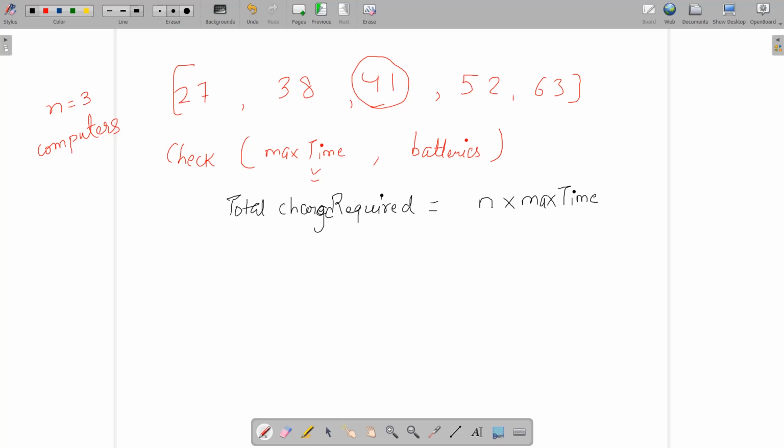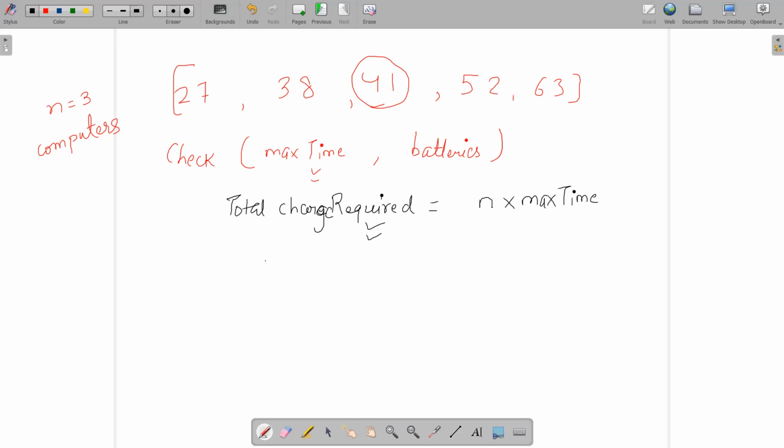Now I need to check whether this required charge, such that all the n computers run for the max time of minutes, can be provided by all the batteries. If it can, then we are done: yes, we can have all the n computers run for this max time. If not, we return false.